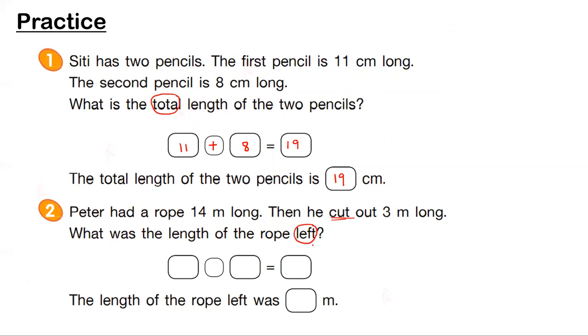When we say left, to know what has been left, we have to use minus. So we say 14 minus 3, so that we get 11. So the length of the rope left was 11 meters.